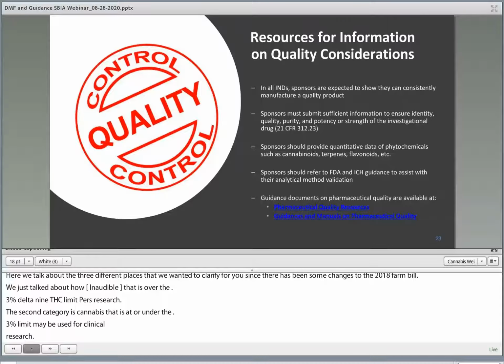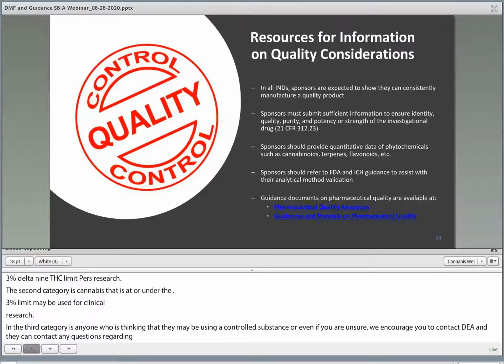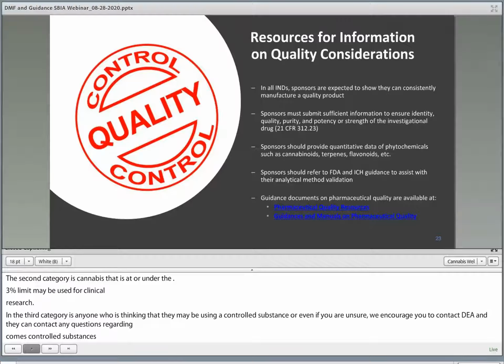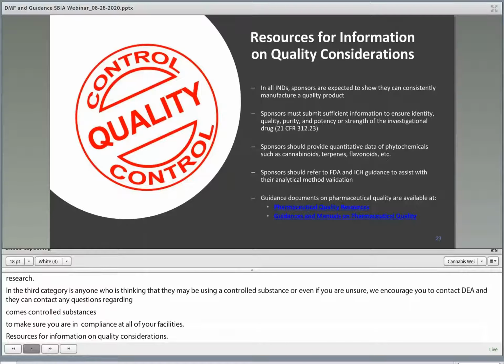Now, resources for information on quality considerations. I think this one is really useful because in all the INDs we talked about, you're expected to show that you can consistently manufacture a quality product. And we had talked about how you have to submit sufficient information to ensure the identity, quality, purity, potency, or strength of your investigational drug product.